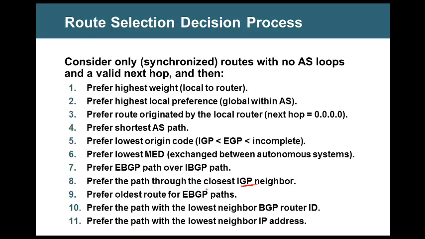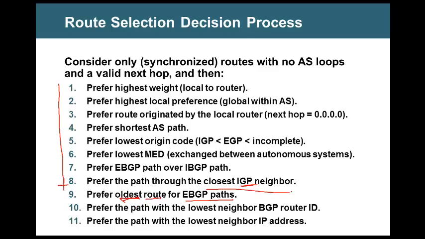Then it prefers the oldest route from an eBGP path. If you have two sources and you have a tie up to this level, and still don't know what to decide, it can be decided like this: which update came first, which is oldest, that is preferred as the best path.